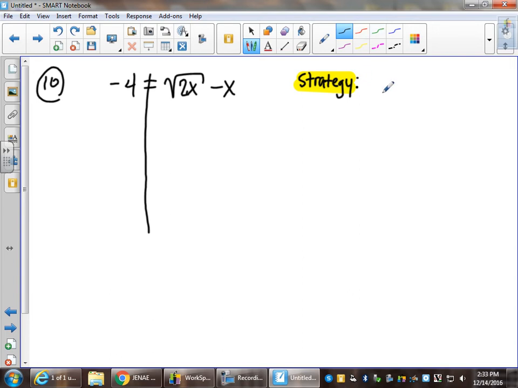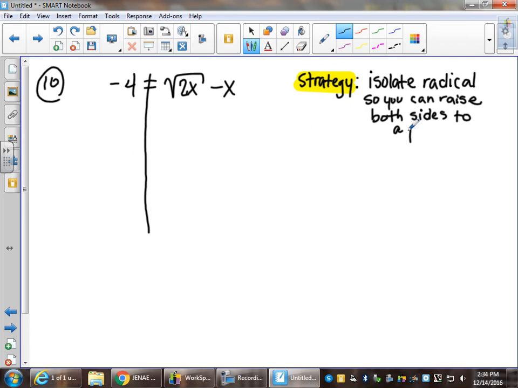isolate the radical, so you can raise both sides to a power.